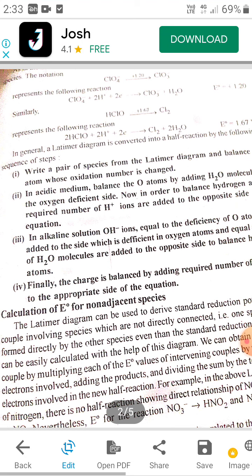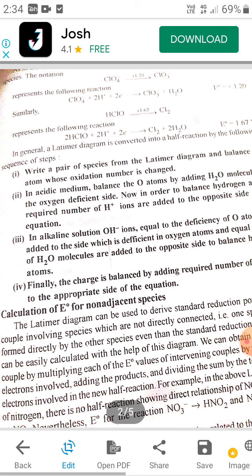The oxidation state varies from +7 to -1. In these Latimer reactions, we write different types of reactions. After learning one half reaction, you can easily write down the other half reactions.